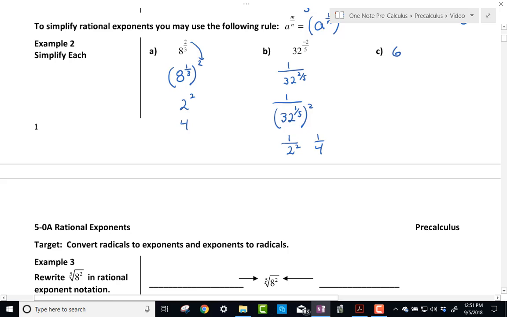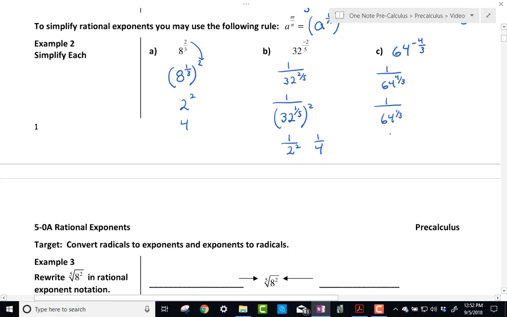This is 64 to the negative 4/3 power. So again, I'm negative, I'm going to flip it. 1 over 64 to the 4/3. I do not want to raise this to the 4th power. I have no idea what 64 to the 4th power is. So I'm going to look at this as 1 over 64 to the 1/3 power.